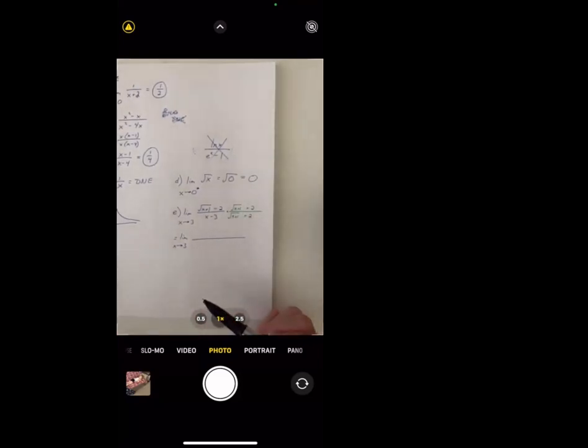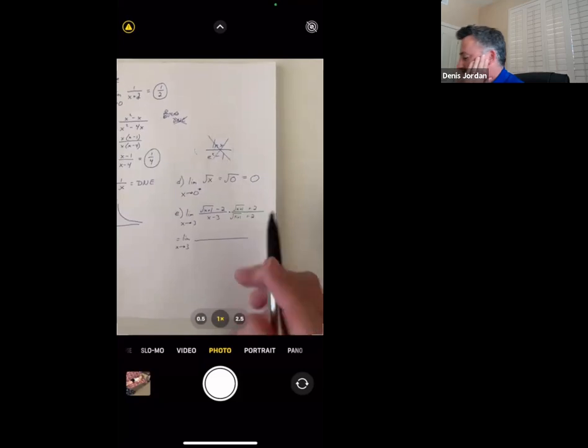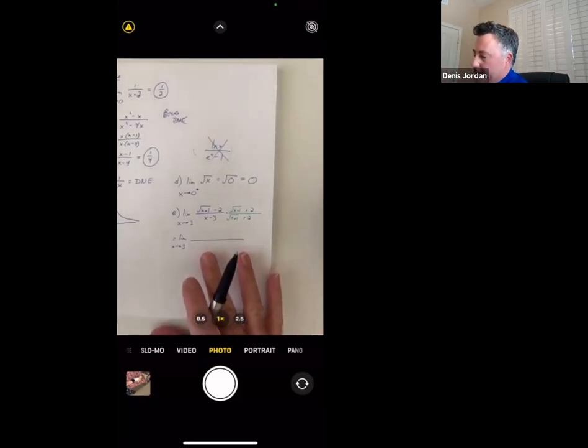Well, you're not doing legal math if you just multiply an equation by something on the top. If you multiply on the bottom too, then you're multiplying by 1. Otherwise, you're doing something that's not allowed in the math world.